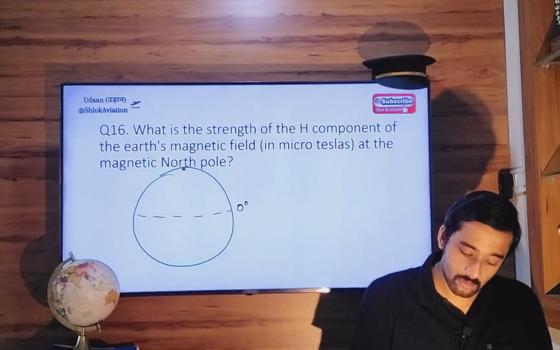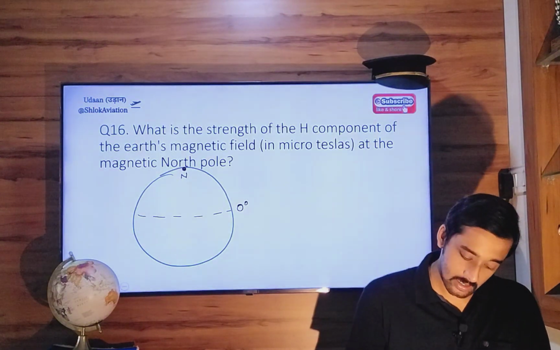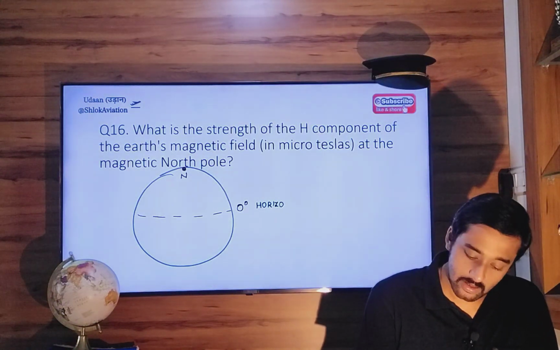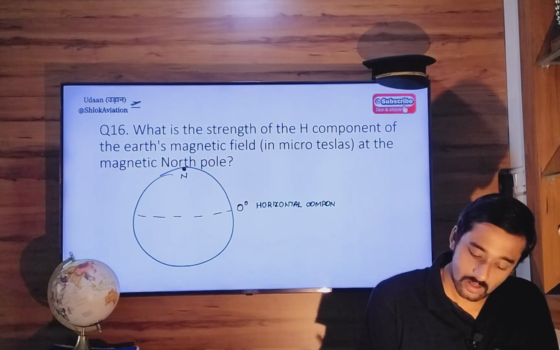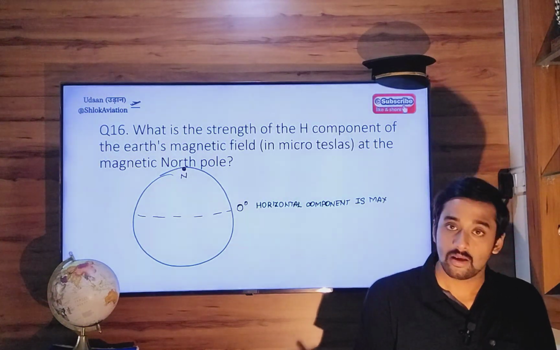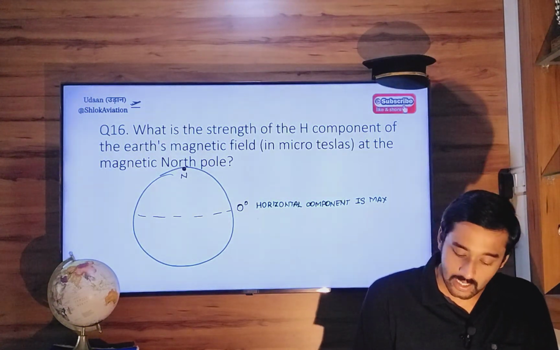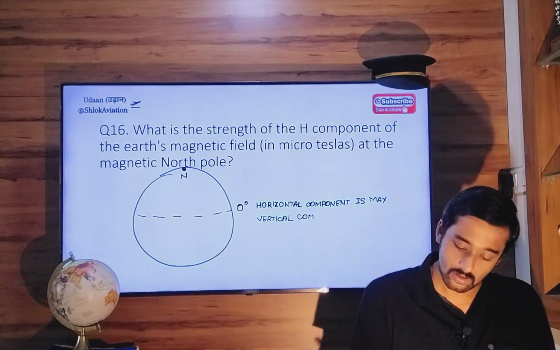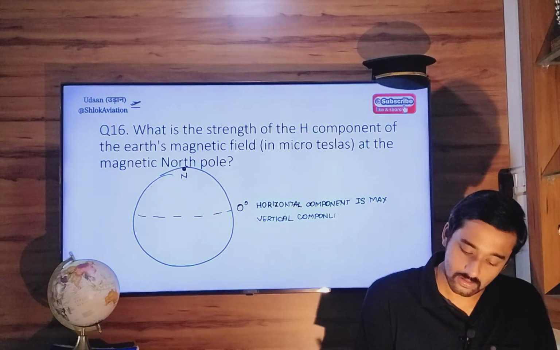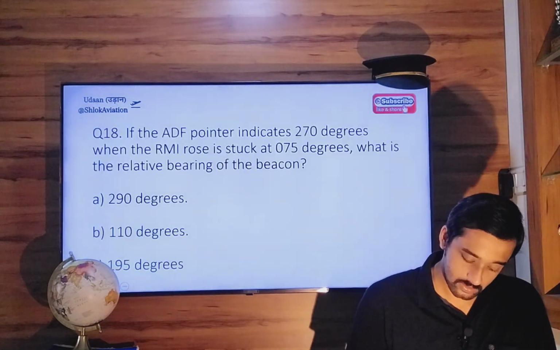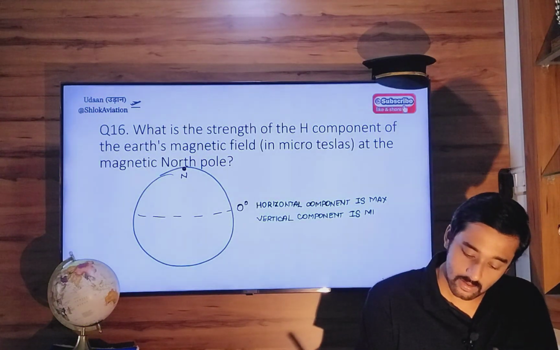Here is the North Pole. Now, at the equator, what happens? The horizontal component of the Earth's magnetic field is maximum. And to the contrary, the vertical component of the Earth's magnetic field is minimum.